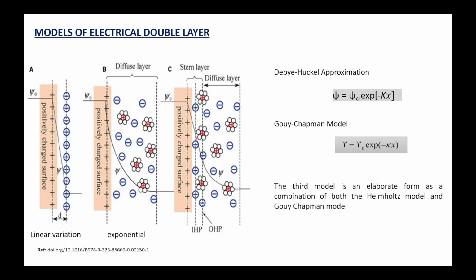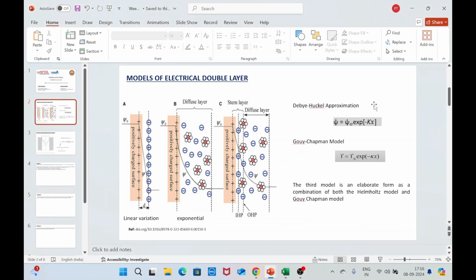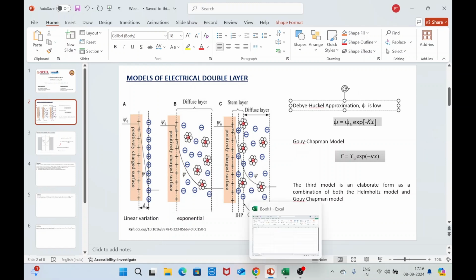So we saw how the potential varies with the distance as we move away from the particle or the surface. We derived this equation using the Debye-Huckel approximation, where we said that the potential is low.